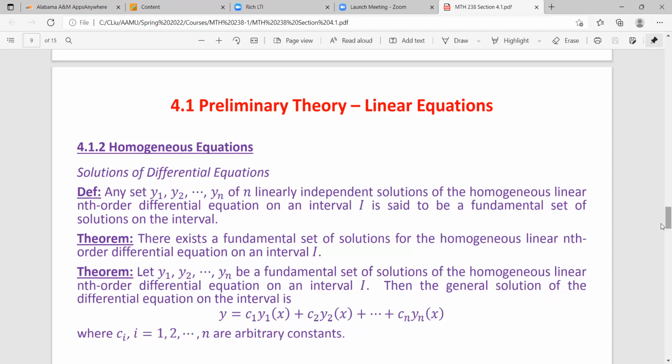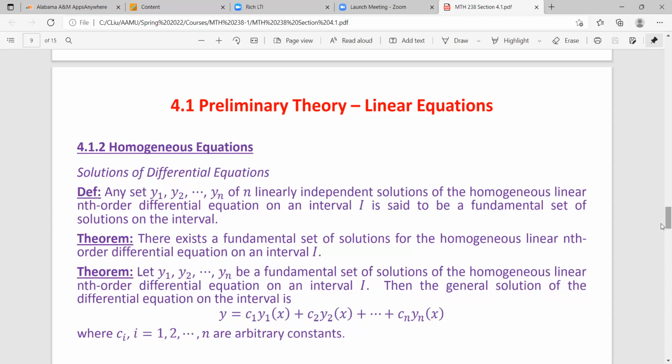So that's what it says in the next theorem. Again, we have n solutions that are a fundamental set of solutions of the homogeneous linear nth order differential equation on the interval I, and we call this set of solutions y1, y2 to yn.